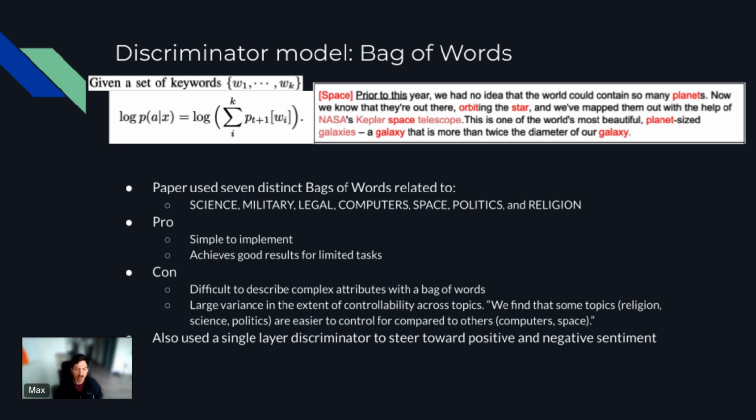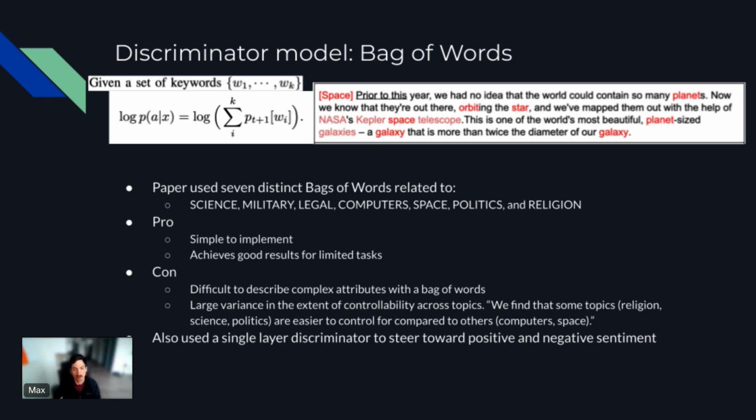They applied this discriminator model to several different attributes or categories, and the results worked well. They performed backprop through this discriminator to adjust the hidden state and achieved these generated sentences with the desired attributes. The con of bag of words is that it's difficult to describe more complex attributes with a bag, and some bags work better than others.